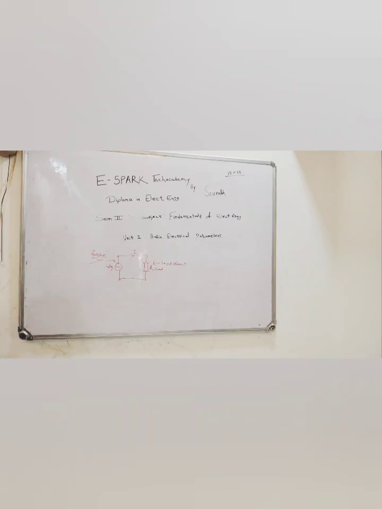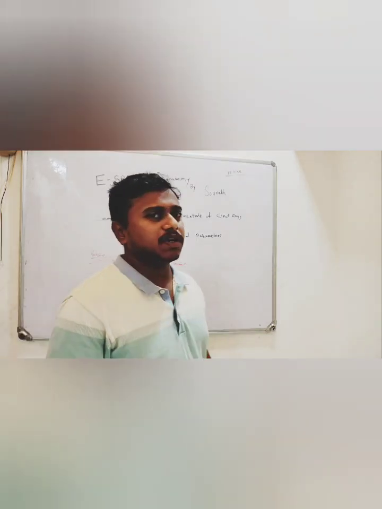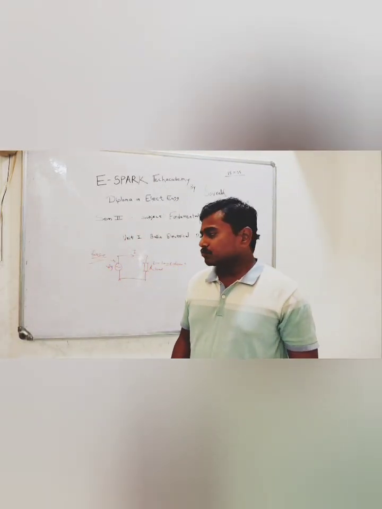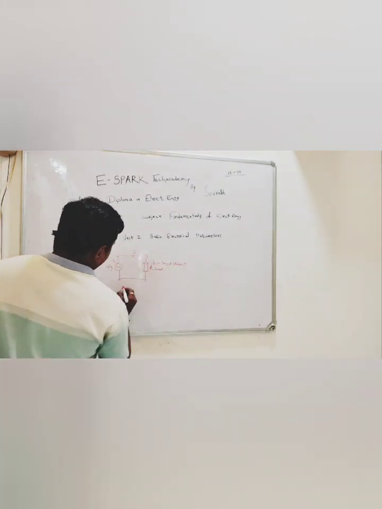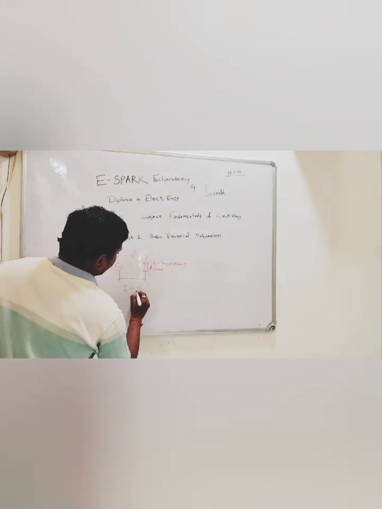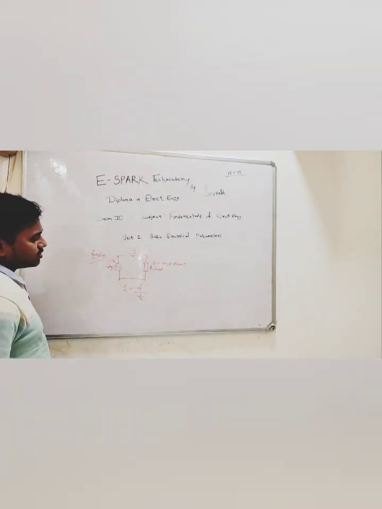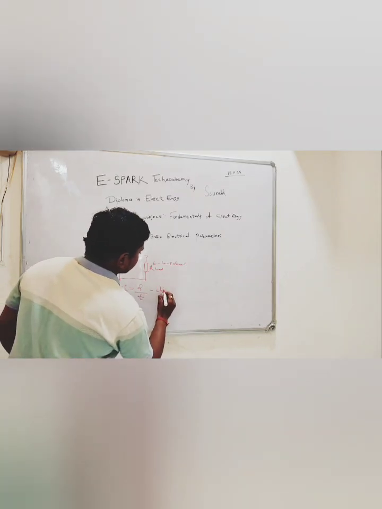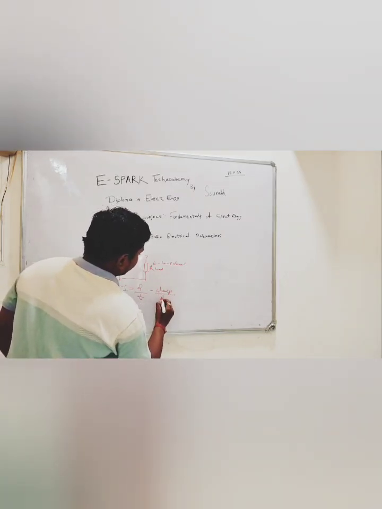The device that provides constant current is called a constant current source. Electric current is nothing but the flow of charge per unit time. You can say I equals Q upon T, where Q is the charge which is flowing for a period of time.